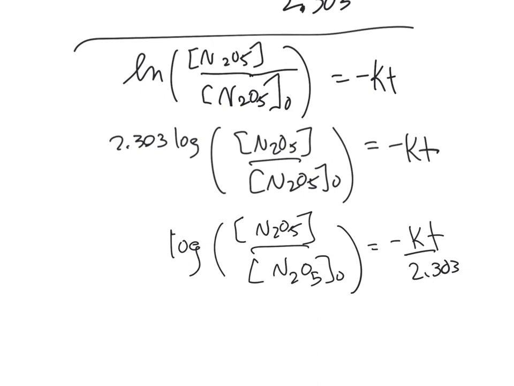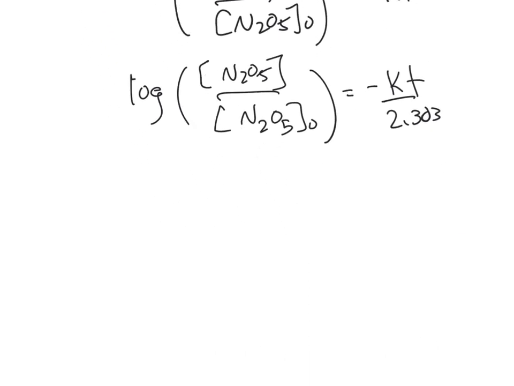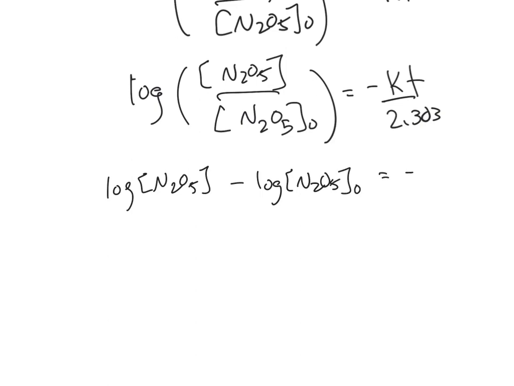All right, and then if we break the logarithm expression into two parts, we can say base 10 logarithm of N2O5 minus base 10 logarithm of N2O5 initial will be equal to negative kt over 2.303.